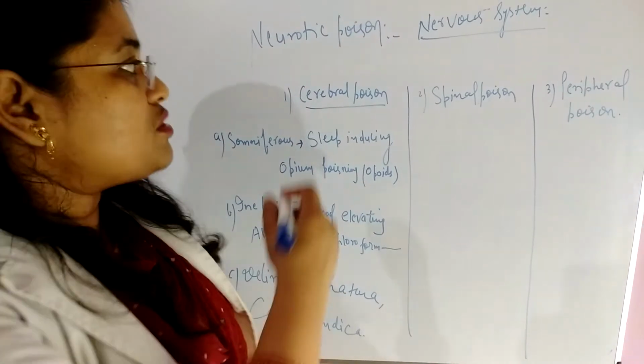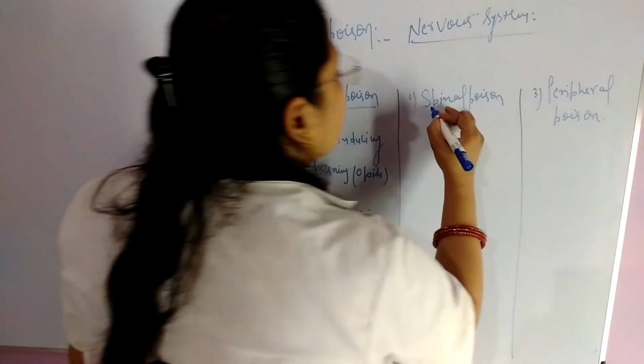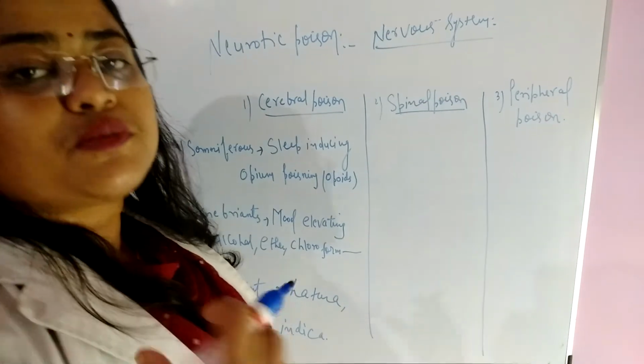So this is all about cerebral poison. Next is spinal poison, which acts on the spinal cord.